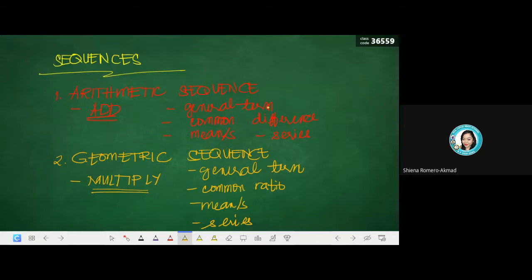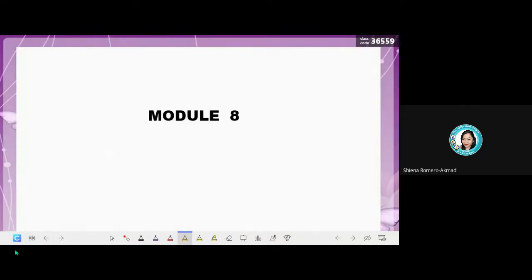So ngayon naman, we will be having module number 8, and this is a different topic. Okay? So module 8 will be about polynomials, and not just about polynomials, but specifically it is about dividing polynomials. So you are going to divide polynomials using 2 different methods.